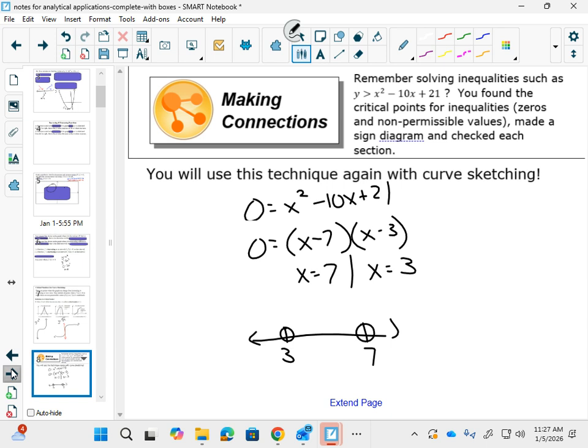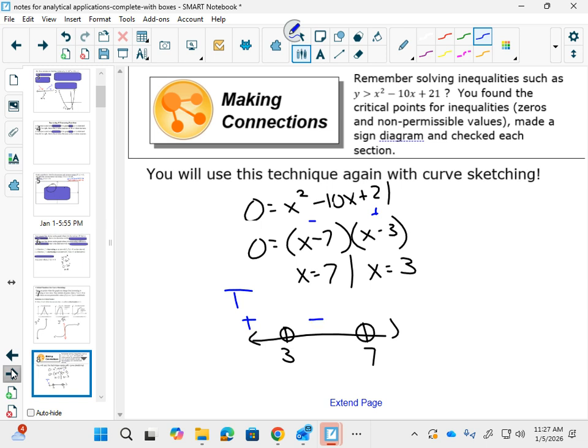If this is x minus 7, x minus 3, if I plug in 0, which is in this section right here, 0 would give me a negative number times a negative number, which is positive. This section is positive. Do we want it to be positive? Yes, we want y to be bigger than 0. That's true. That section is true. Between 3 and 7, if I put in 5, can you see this factor would still be negative, but now this factor would be positive.